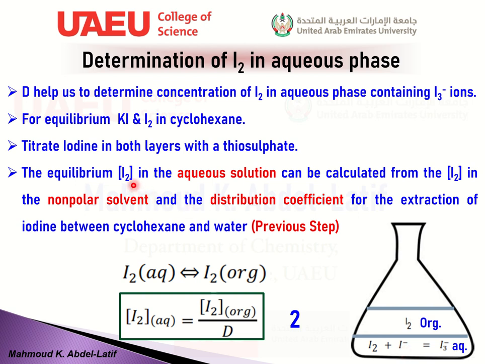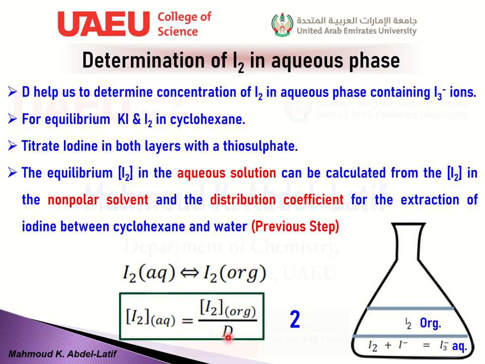The equilibrium concentration of iodine in aqueous solution can be calculated from the iodine in the nonpolar solvent and the distribution coefficient, which we have already measured from the previous extraction of iodine between cyclohexane and water.